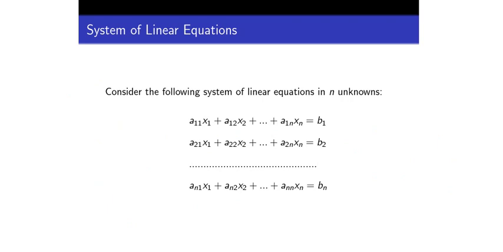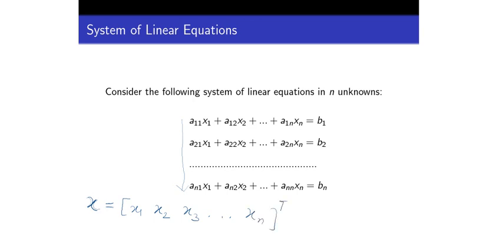If I wish to be more precise, let's move further. Consider the following system of linear equations in n unknowns. There are n equations in n unknowns. If I wish to represent it in the form Ax equals b, you have x equals x1, x2, x3, up to xn, transpose.